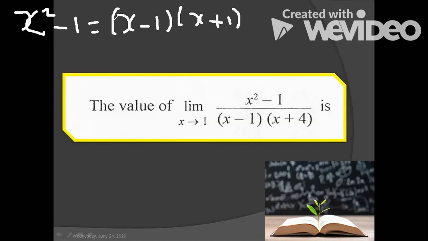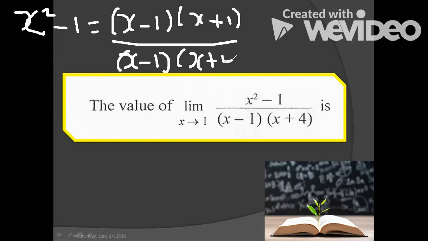So our numerator becomes x minus 1 times x plus 1, and we write back the denominator, x minus 1 times x plus 4. The x minus 1 at the top and the x minus 1 at the bottom will cancel, leaving this expression here.